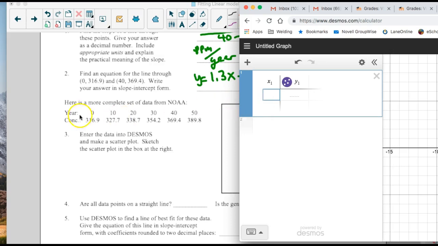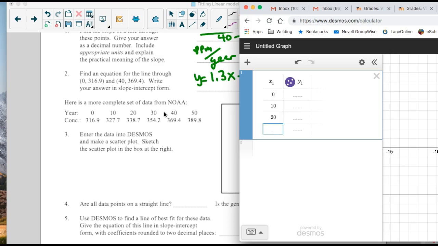Okay, now I'm going to put in my x for my years, so it goes 0, 10, 20, 30, 40, and 50.